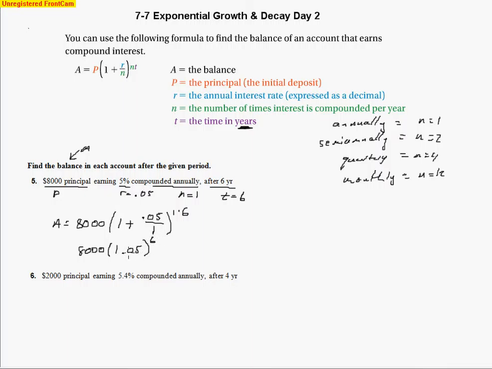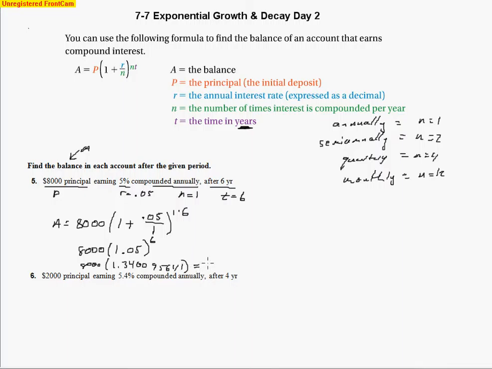So you have some calculator work to do. We'll do the 1.05 to the 6th power, and that gives me this. I get 8,000 being multiplied by 1.34, and then there's some other numbers, 0.09561. I'm using all those numbers because I'm just going to press times, and it takes that answer, and then I multiply by 8,000. And that gives me my answer.